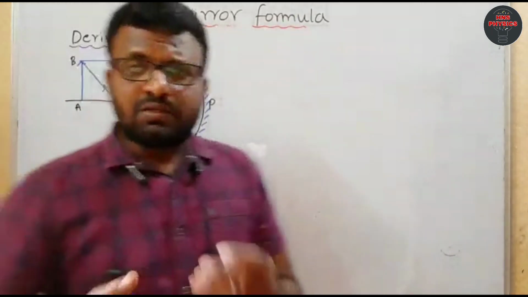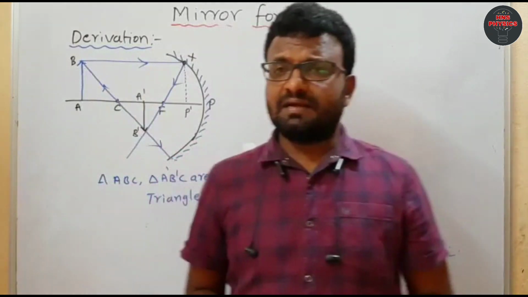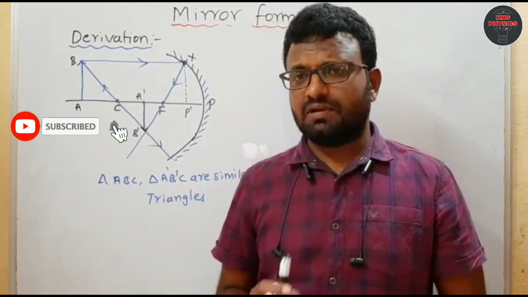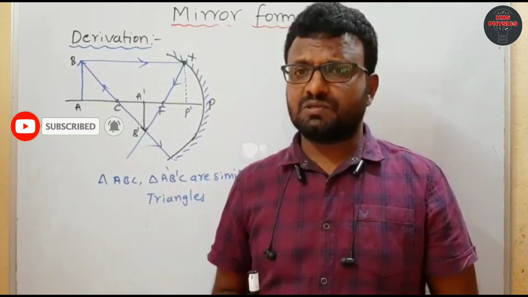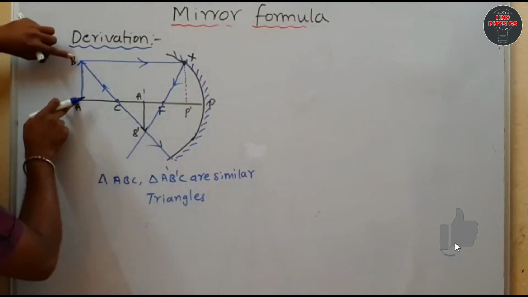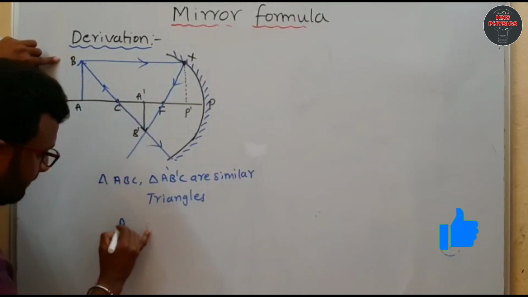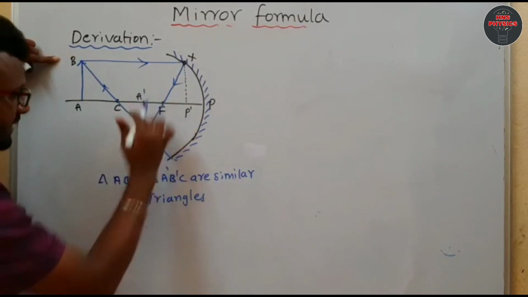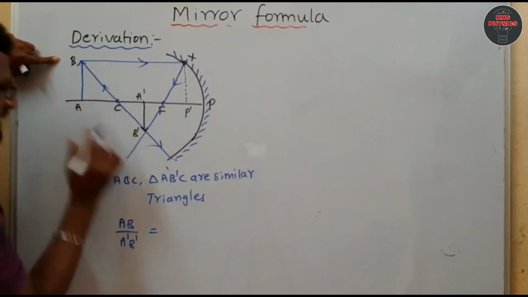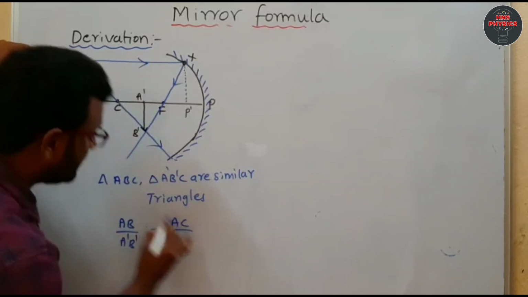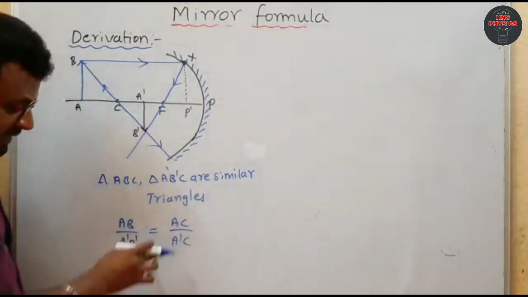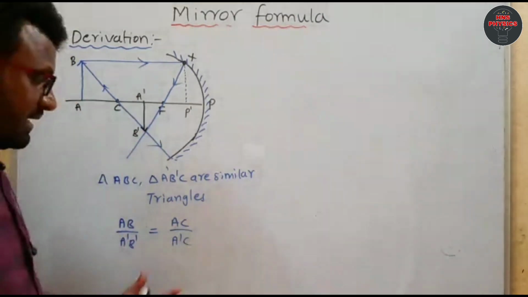When two triangles are similar, the ratios of the corresponding sides are equal. What are the corresponding sides here? AB by A dash B dash is equal to AC by A dash C. These are the corresponding sides, and these are equal.